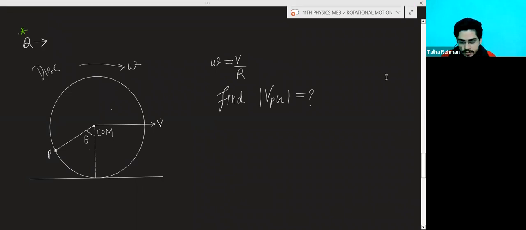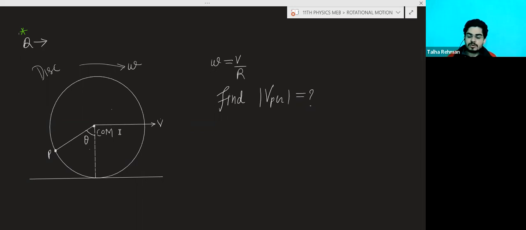First thing: for any point of a disk, not only on the periphery but anywhere, and it can be of a sphere, a ring, a cylinder, any type of shape, first give that point the velocity of the center of mass, and after that there will be one tangential velocity due to the rotation, and accordingly you have to decide the direction.